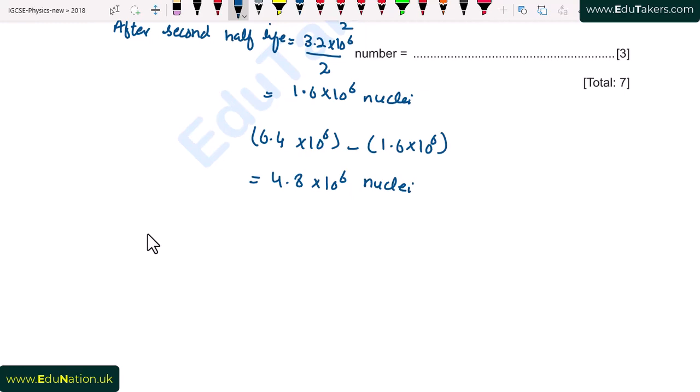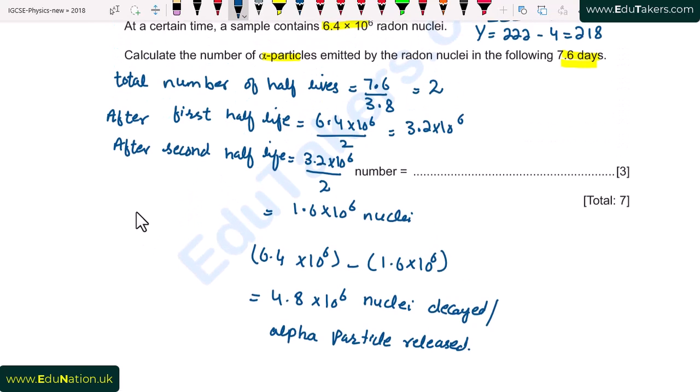That is decayed nuclei, and it is also alpha particles released. It means that 4.8 times 10 to the power 6 alpha particles released.